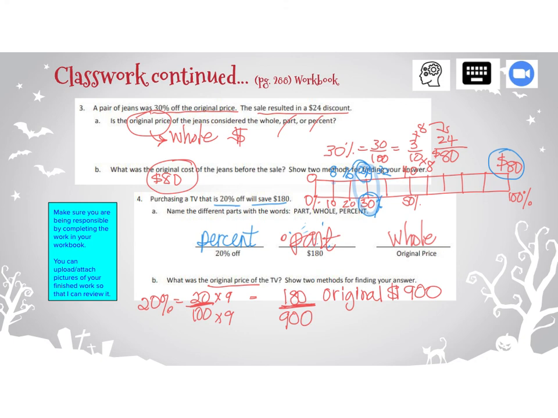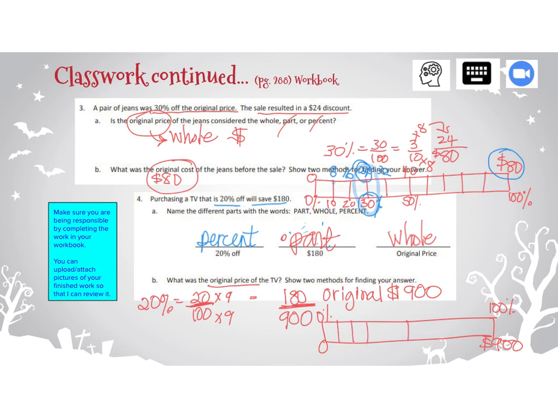So I'm going to do a little drawing down here. Let's see. I'm going to go all the way to 100%. Here's 0%, and then here's our 0. This is going to be our money. We know that it costs $900. So let's see, how many sections? Remember how we multiplied by 9? 1, 2, 3, 4, 5, 6, 7, 8, 9, 10.